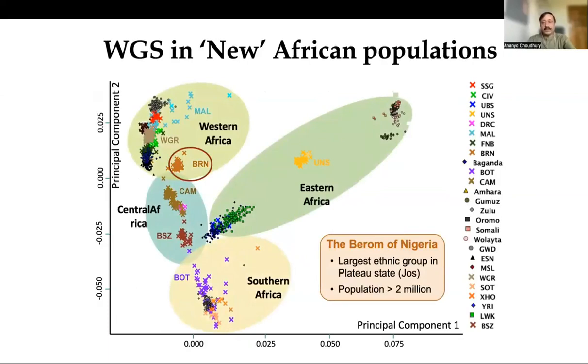Interestingly, we observed BRN, the largest ethnic group from the Plateau State region of Nigeria, to show a very interesting clustering pattern. The BRN samples localized independent of all other West African populations and slightly tending towards East African populations. So we thought, could admixture be a source of this?